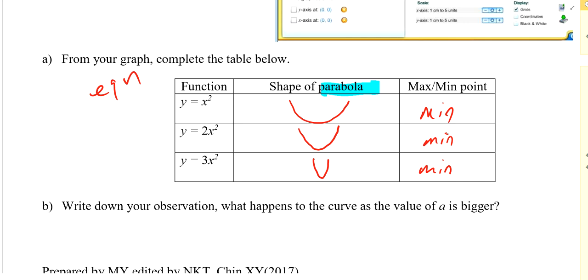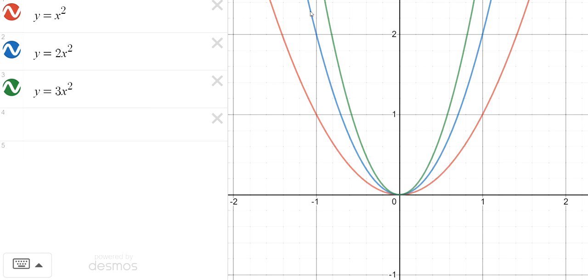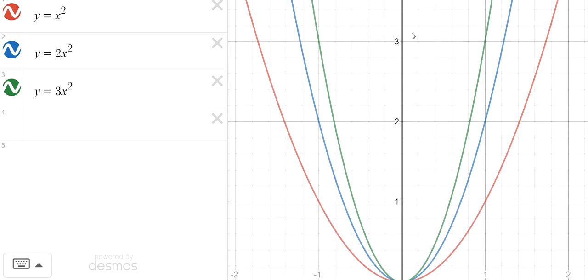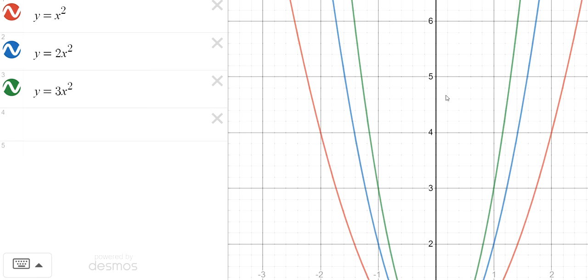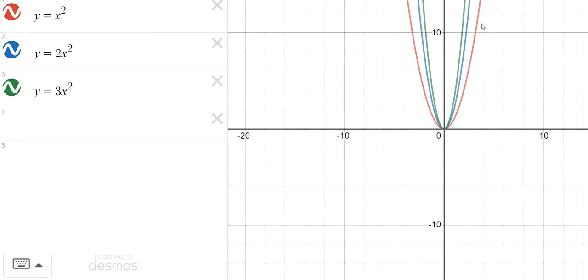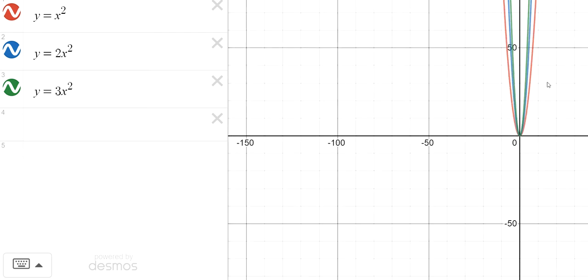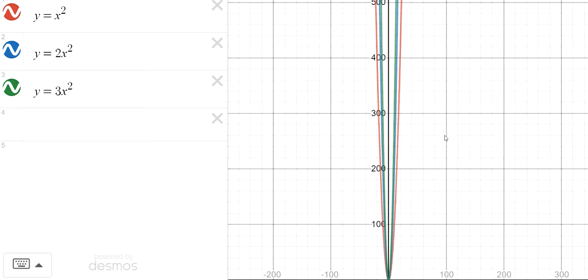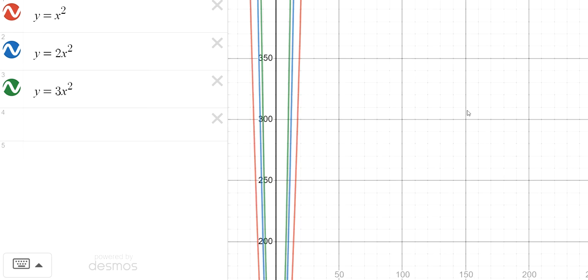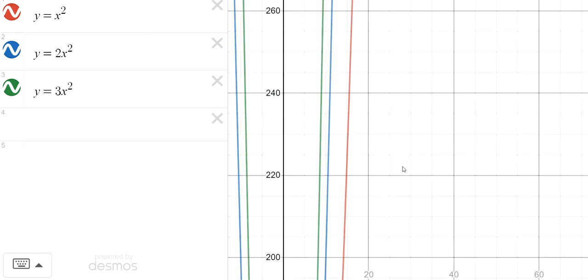So there is a minimum point. Is there a maximum point? Yes or no? Let's look at the graph. What do you think is the highest value? Yeah, it's actually infinite. It goes on and on forever and ever. So there is no maximum point. You only have a minimum point.